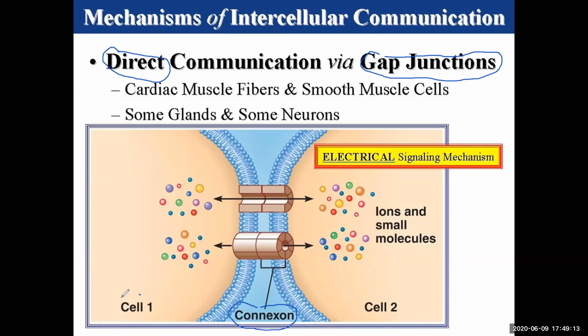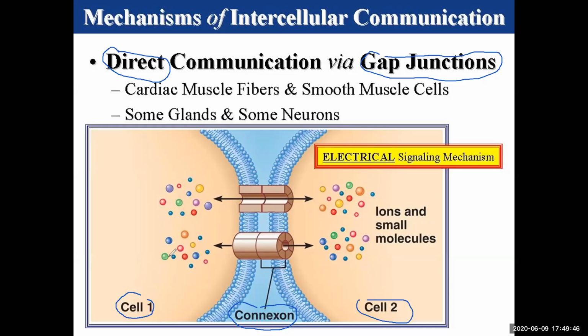So we have cell number 1 and cell number 2. The two cytosols are continuous with one another through these gap junctions. And this makes electrical signaling possible between the two cells. This mechanism is important for very specific cells.